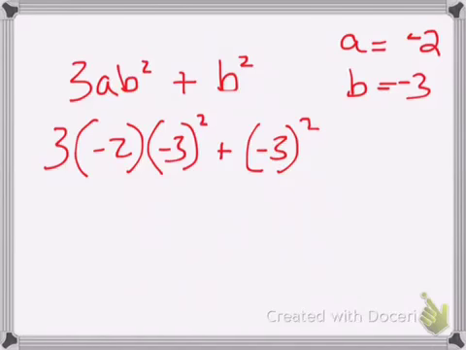Now we're squaring the negative. There's two negatives there. In the previous way it was written, there was only one negative sign, only one subtraction sign.